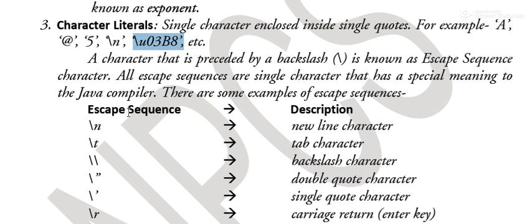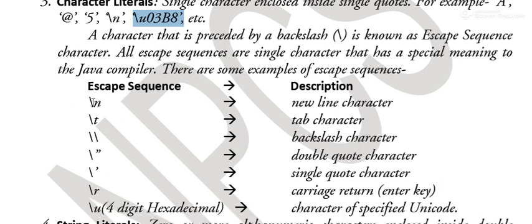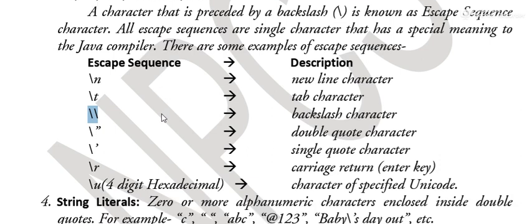There are some list of escape sequence characters. For example, if we use \n, then it represents new line character. That is the single character. \t is the tab character. If we have to display \, then we have to write double \. These all are the escape sequence characters.